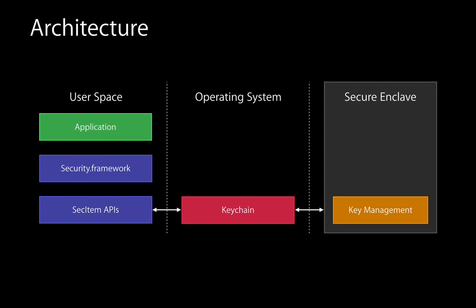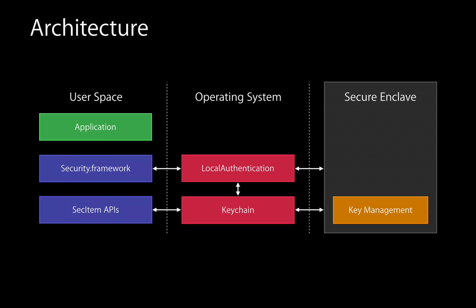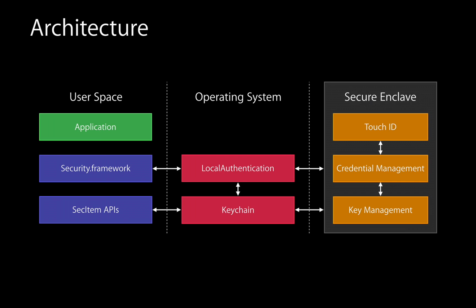So what happens when you use the item with ACL? In such case, the keychain service will start the local authentication service. And the local authentication service is responsible for displaying the correct user interface based on information from Secure Enclave, because Secure Enclave is the component which is actually controlling the policy and telling local authentication what authentication should actually be started.